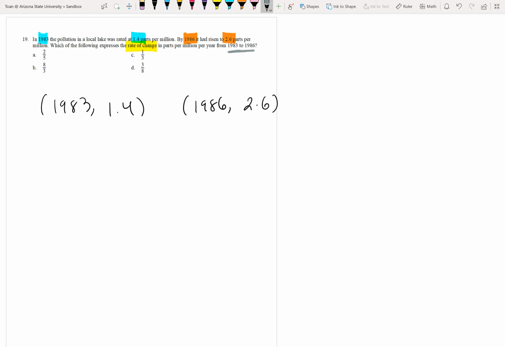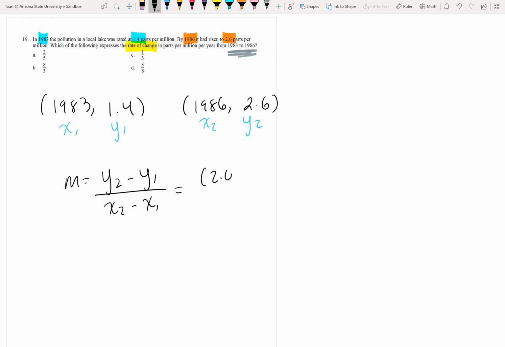And what do you know? They want the rate of change between exactly those 2 years. So here you go. Slope formula, 2 points. Let's call this x sub 1, y sub 1, and x sub 2, y sub 2. And recall that the slope formula is simply y sub 2 minus y sub 1 over x sub 2 minus x sub 1. So plug stuff in. So y sub 2 is 2.6, minus y sub 1 is 1.4, over x sub 2 is 1986 minus x sub 1 is 1983.